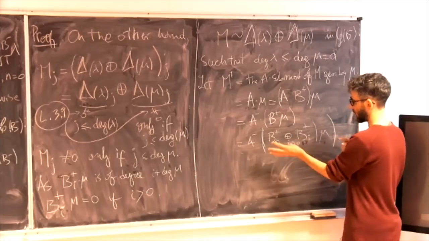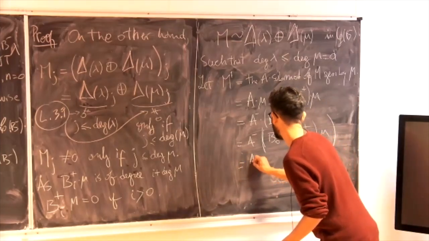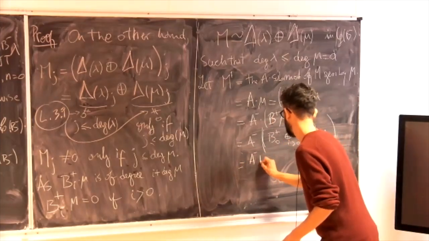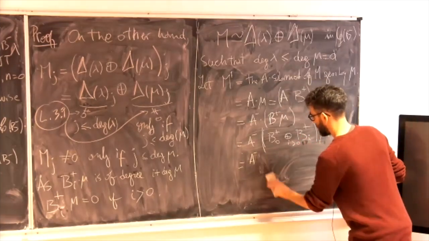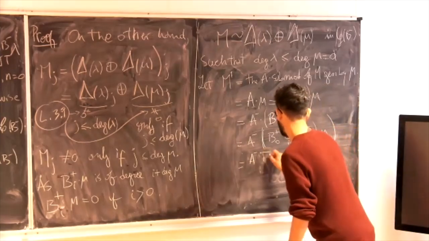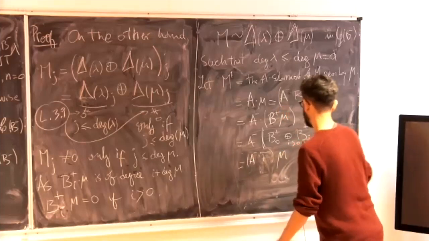So this doesn't give anything. So as a sum module, this is b minus acting on b0, and b0 plus is t. So we can write t acting, all of this, in mu.